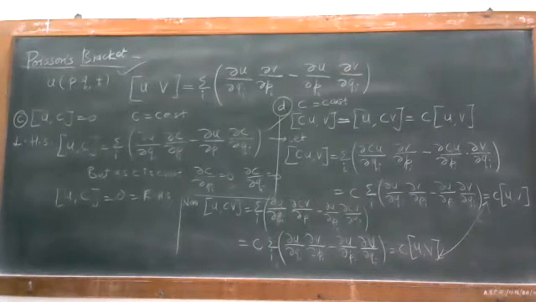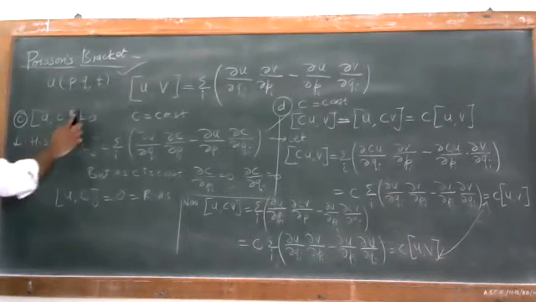So we'll have this one point. We'll have some other identities which are very simple. So we'll just look at the condition, that is another Poisson's bracket. So I'll write it here.